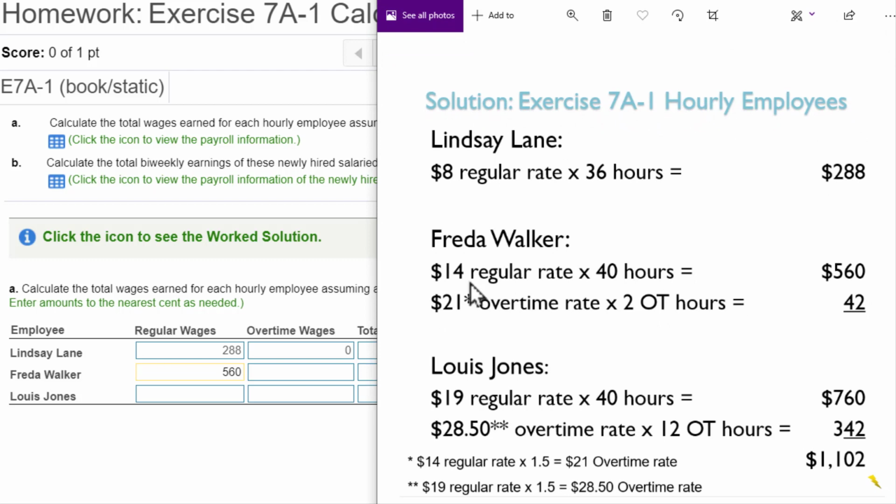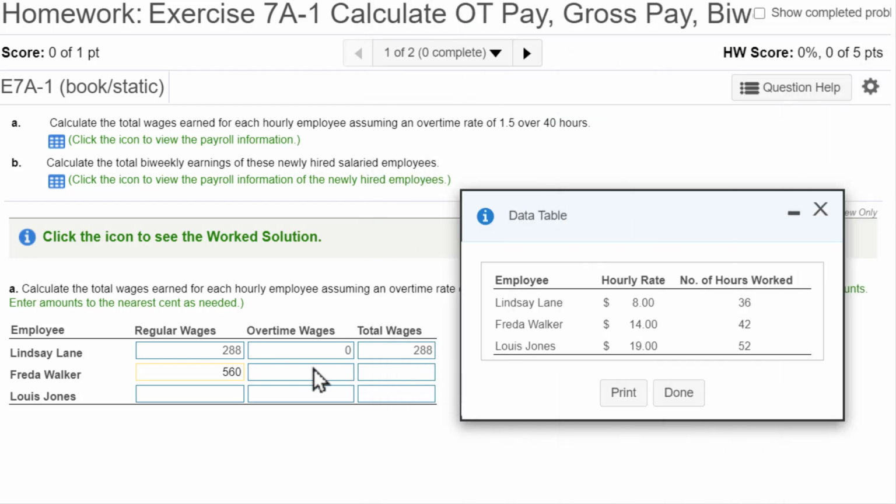We take her regular rate of $14 per hour times 1.5, so her overtime rate is $21 per hour. Then we take the $21 overtime rate times the 2 hours of overtime, which gives us $42 of overtime wages. We then add 560 plus 42, and we get 602.